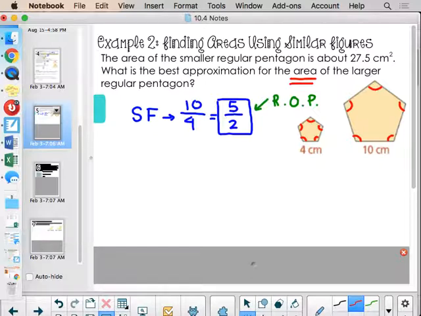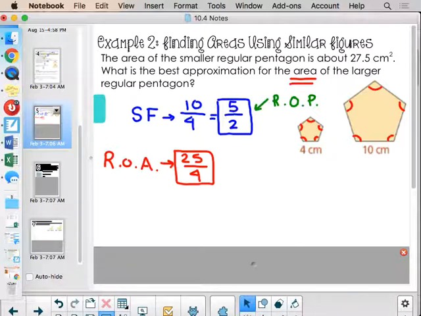What do you do to the scale factor, Yana? You just square both numbers. Very good. So the ratio of my areas is going to be equal to, what's 5/2 squared? Very good, 25/4.